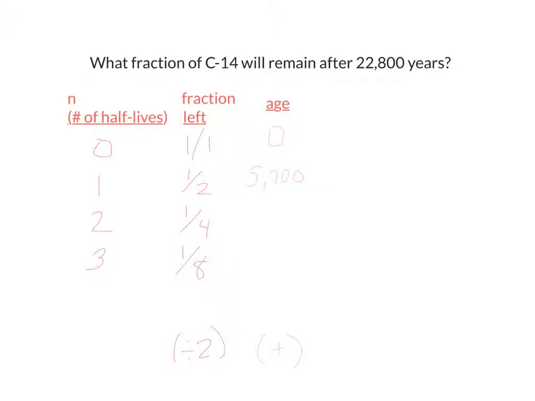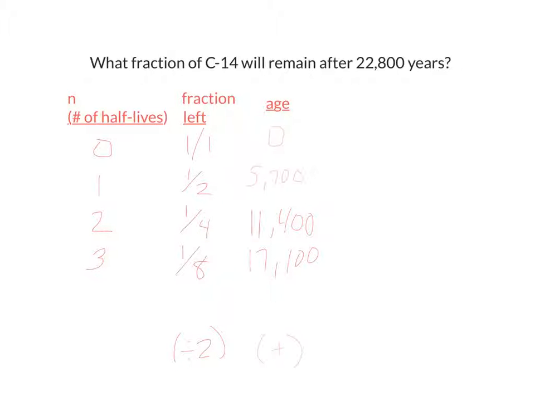So when we go through a second half-life here, we are going to be going up to an age of 11,400 years. And then when we get to 3 half-lives, we're going to add 5,700 yet again, and that gets us to 17,100. There we go.